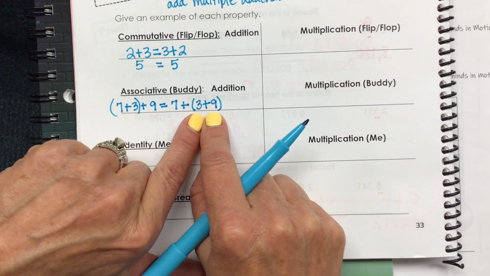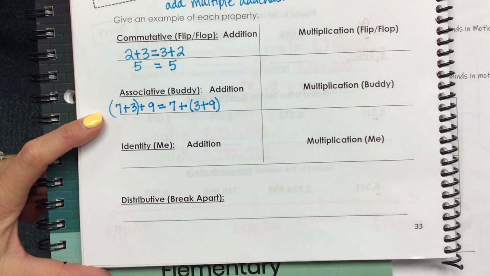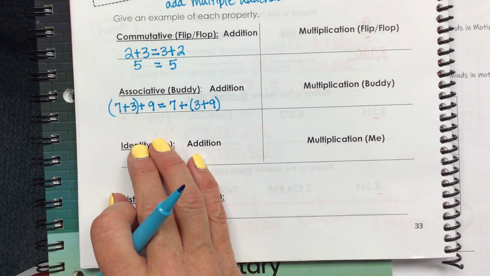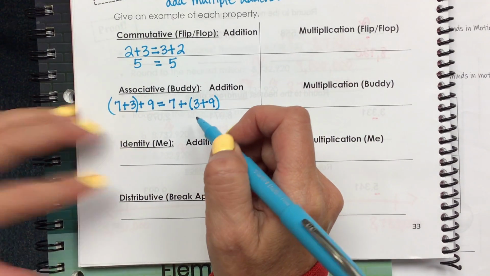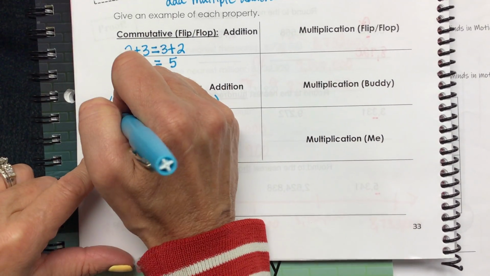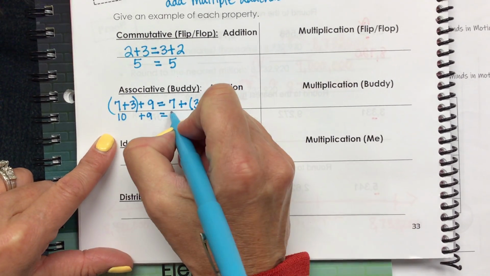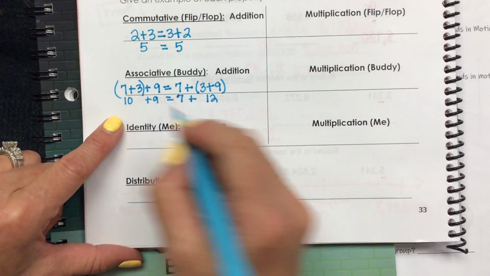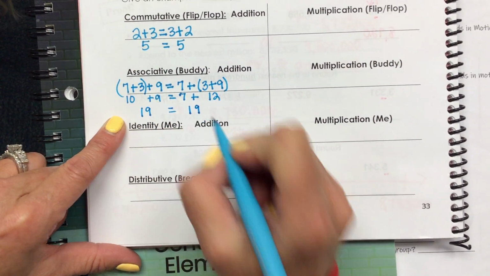Here I have my 3 and 9 grouped together. What do the parentheses tell me to do? Ella. Add those first. So here we would have 10 plus 9 is equal to 7 plus 12. And isn't that true? 10 plus 9 is 19. 7 plus 12 is 19.